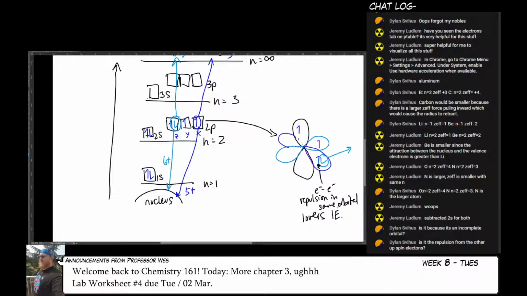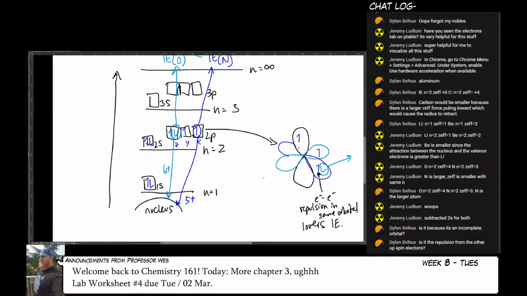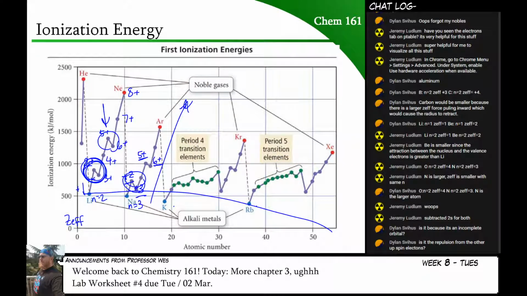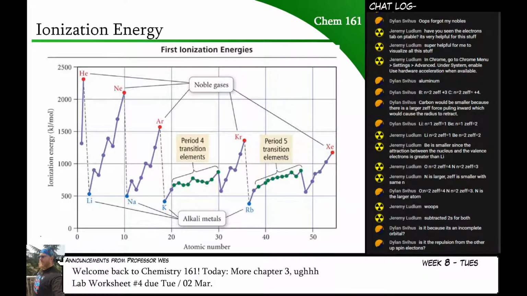And you can actually see this phenomenon on the graph if we go back to it. So if I clear all of the stuff that's on the screen here, if there was no electron-electron repulsion after I started pairing them, because up here I only have one electron in each orbital, but when I get to this next element right here, this is the first time I have to pair them.